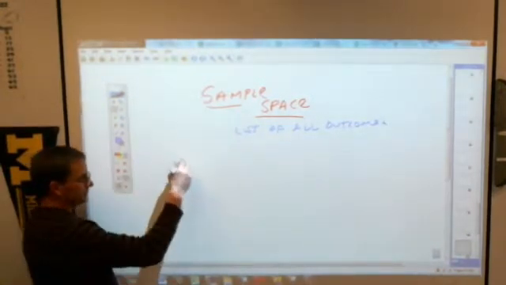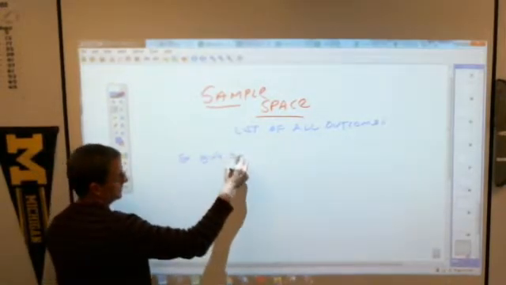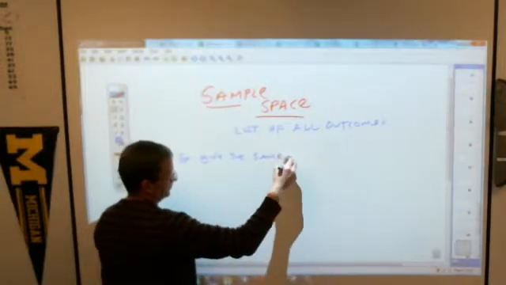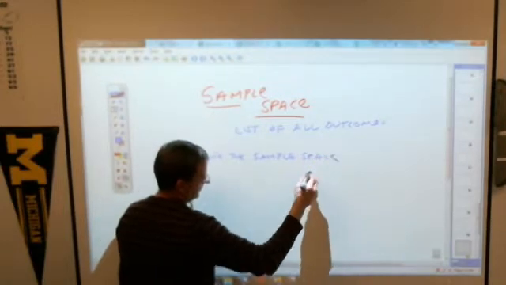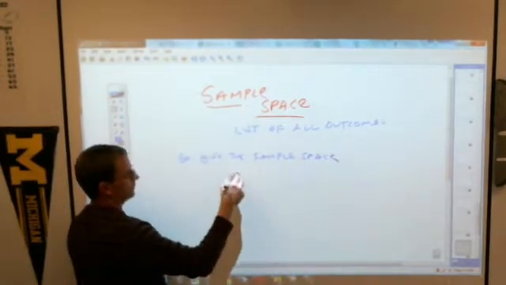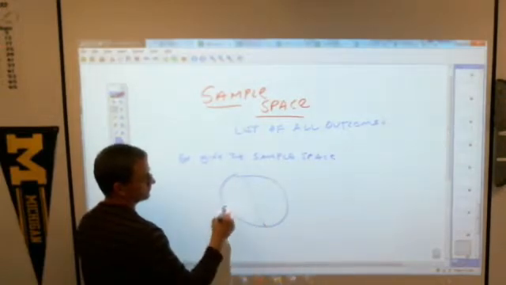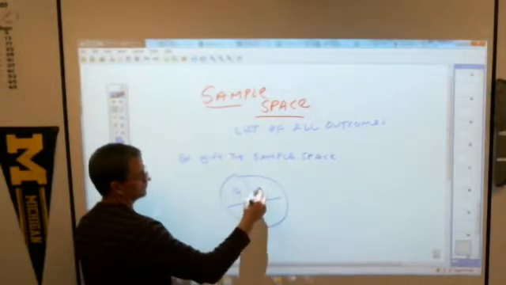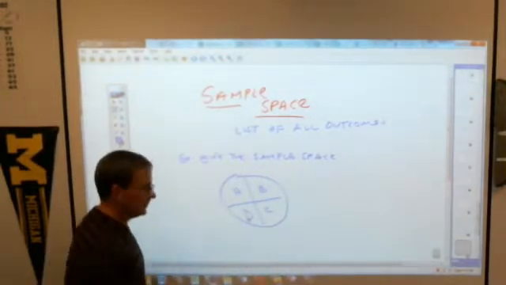Here's my example. Give the sample space for the spinner.